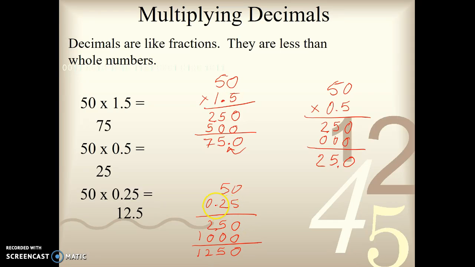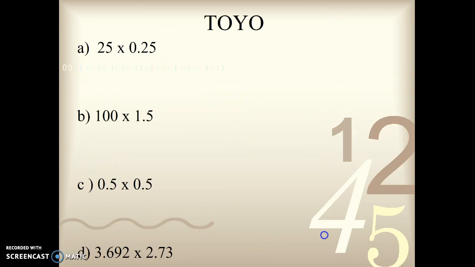We have 2 decimal places in the factors, so I have 2 in my product, and my answer is 12 and 5 tenths. Okay, go ahead and pause the video, work out these problems, and then come back and check your answers.